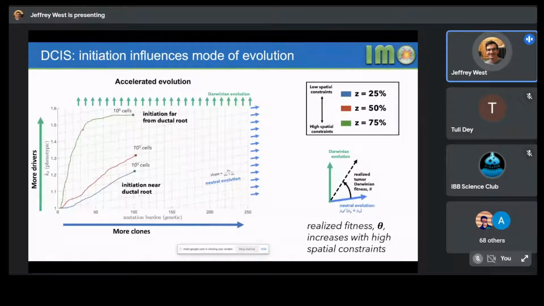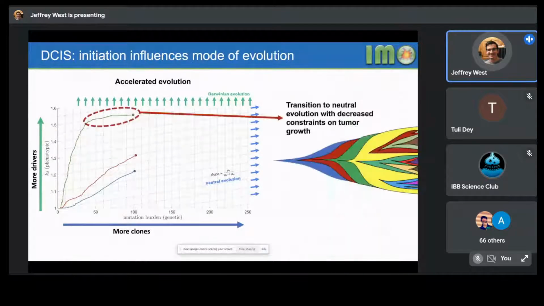And what we're saying is basically this model shows us that we can track the evolution by tracking the angle or the slope of that curve at any point on that state space. What's really interesting is that this green curve starts out very Darwinian, and then it takes a sharp turn towards neutral evolution. And there is some evidence to support that in the literature.